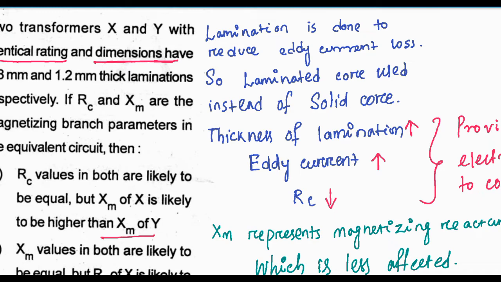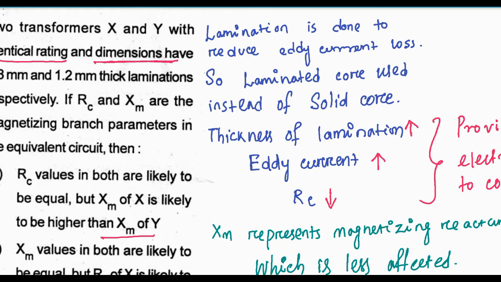Why are we using lamination? To reduce the eddy current loss. If we use a solid core instead of a laminated core, what will happen? Eddy current will find its path to flow, and it will cause heat production and eddy current loss.